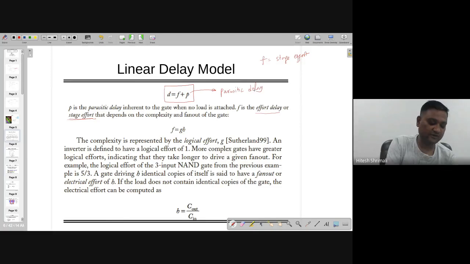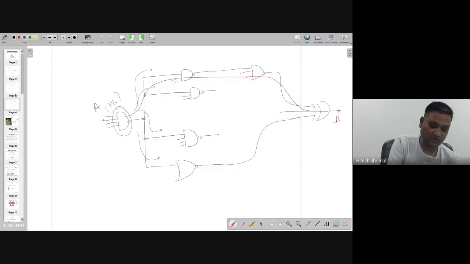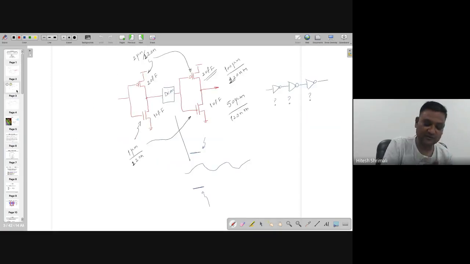So when we are talking about such an inverter, by now you must have understood what the parasitics are, like the overlap capacitance and all those capacitances. Effectively, there is a big capacitor at the output and a big capacitor at the input, right?